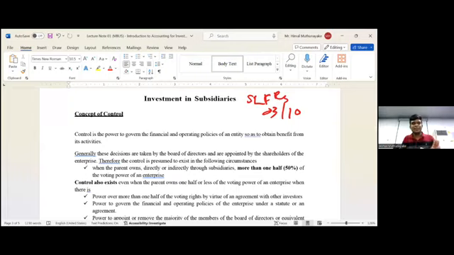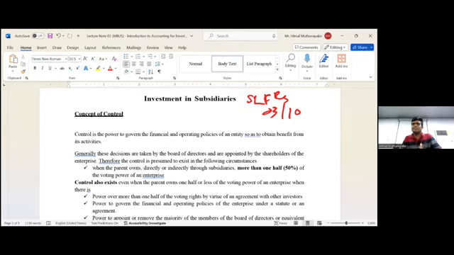Otherwise, what will happen? Your accounting treatment may vary with the different kinds of investment. For example, the investment in associate is governed by LKAS 28. The joint arrangement is governed by SLFRS 11. For the investment in subsidiaries, you need to follow SLFRS 3 and 10.